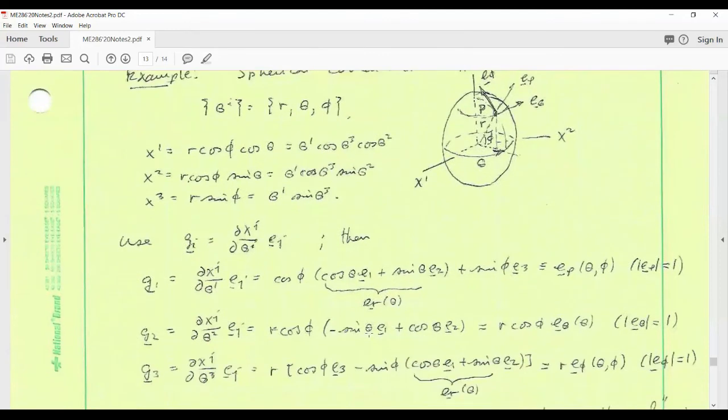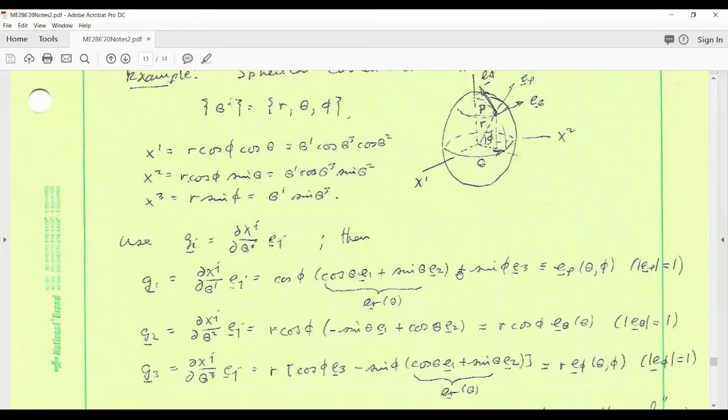And we have cosine phi times this combination. We'll call it E sub r, a function of theta. E sub r is simply the radial vector in the equatorial plane, pointing straight from the origin at the angle theta. That's a unit vector. Then we'll have sine phi times the other unit vector, E3.